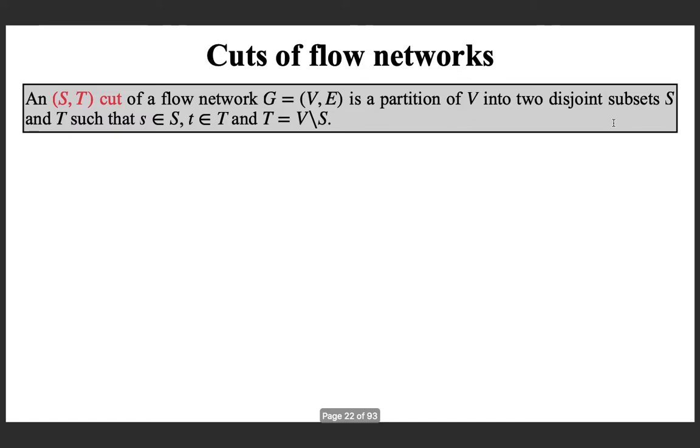Now, with that information, let us try to understand what are cuts in a flow network. An ST cut, it is called ST cut of a flow network, is actually a partition of the vertex set into two disjoint subsets S and T. So, these are the names of the subsets to which you are partitioning the vertex set V. Partition means disjoint.